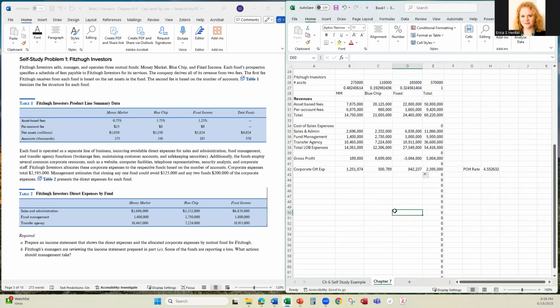So that is what I come up with. And then so this is what it would be allocated at. In real life, they would probably be rounding it to the nearest thousand or something. Did they say anything about rounding on there? Closing any one fund could avoid 125,000. Okay.